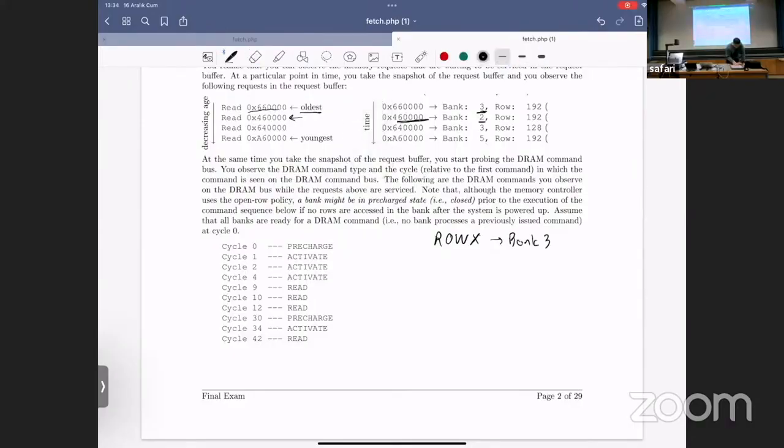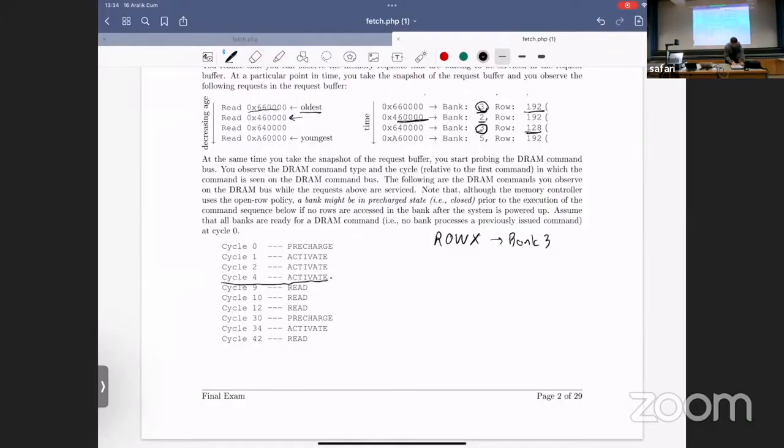And yeah, so at cycle 4, we send an activate command. This must be the command to serve the first request that targets the third bank, this one. And we need to schedule another command to the same bank. So there's also a row conflict. That means we need to pre-charge the bank and then activate it again, activate a different row.